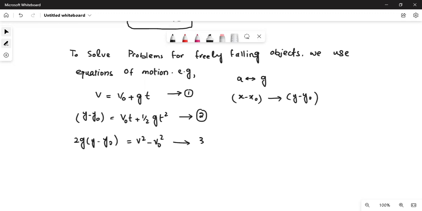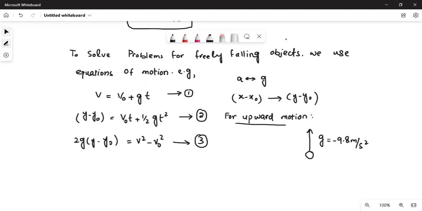There are a few very important points that we need to take care about. First of all, if something is going up, for upward motion, if this ball is moving upward, g will be negative 9.8 meter per square second. When going up, it will be negative 9.8.